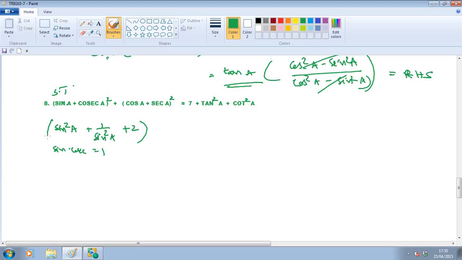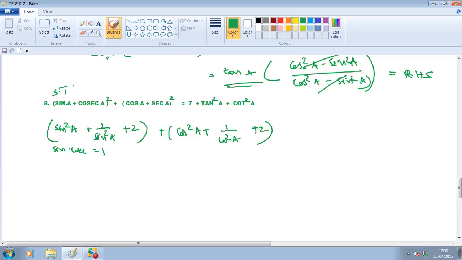This is the first portion. Next one here: cos square A plus 1 by cos square A plus 2. What is 2AB here? 2 cos secant, and cos secant is equal to 1. So plus 2 again.